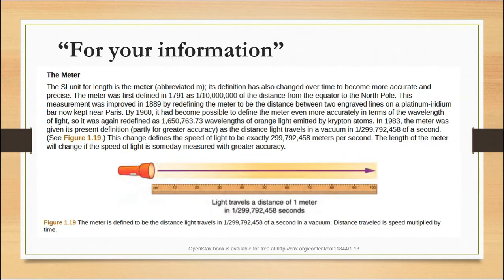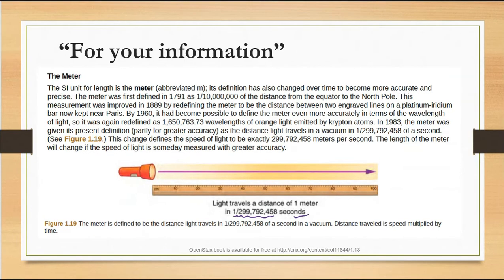So what is a meter or kilogram or second? The definition of these units changed over time. For example, 1 meter used to be a platinum bar kept in Paris, but it has changed. Right now, it's a definition. It's the distance that light travels in a fraction of time.